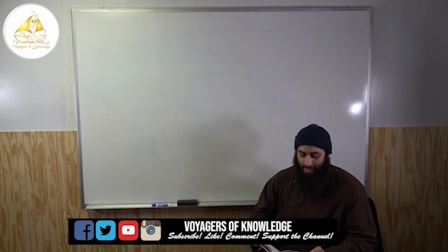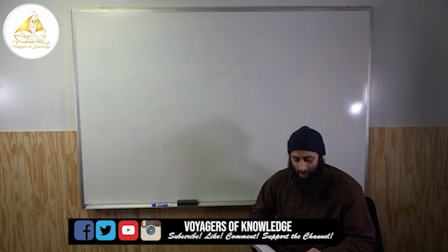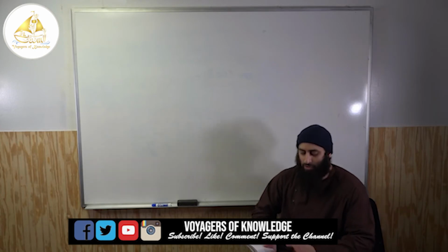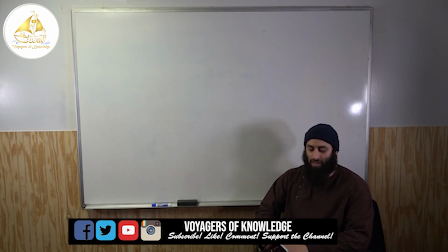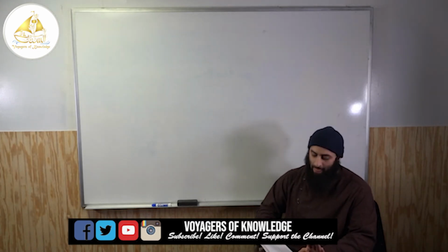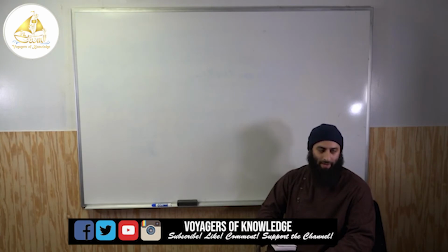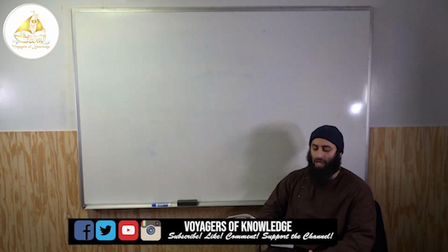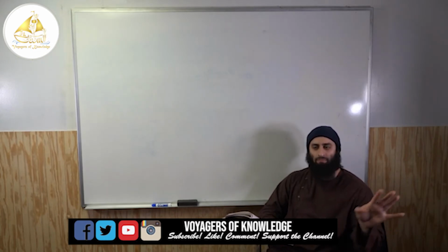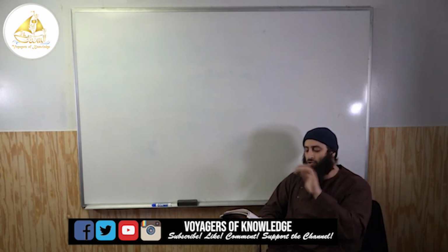أضف الأسماء الآتية مرة إلى اسم ظاهر وأخرى إلى ضمير كما هو موضح في المثال. All right. So what they want you to do here is to take this noun, and add to it a dhamir one time, and the other time add a name just like it. So look at the example.